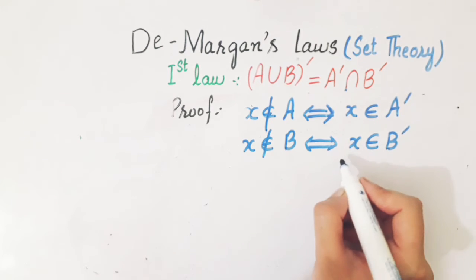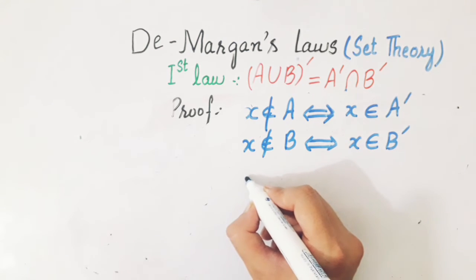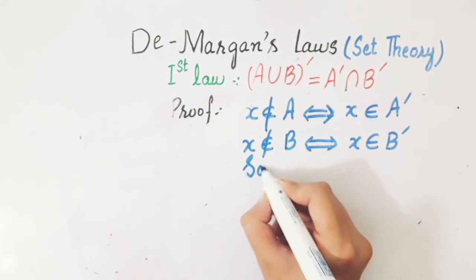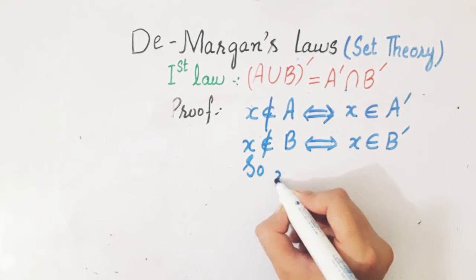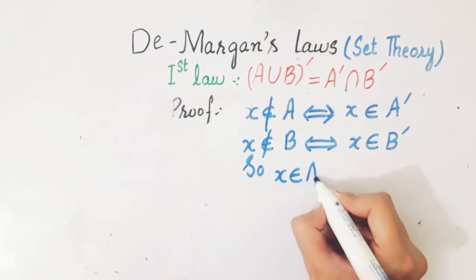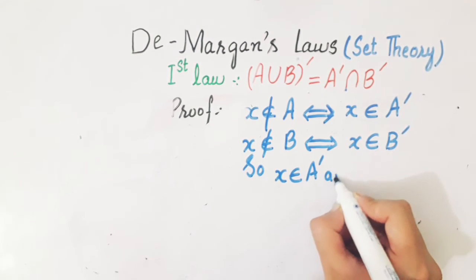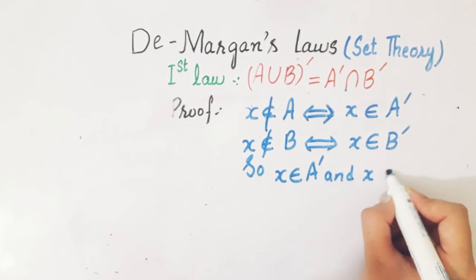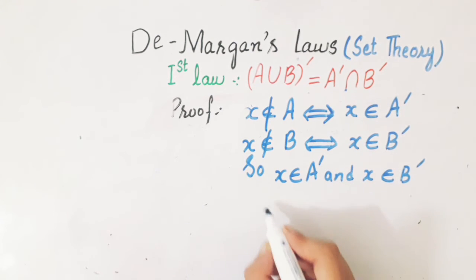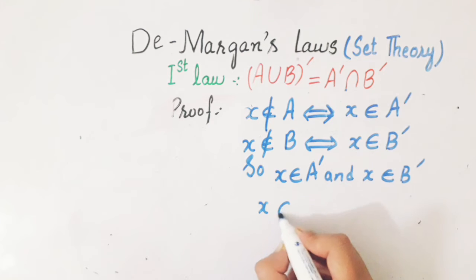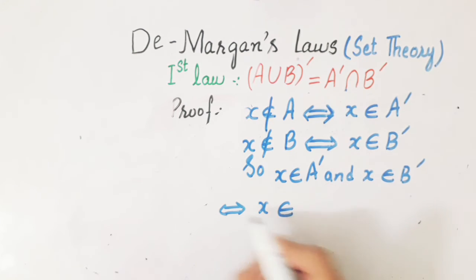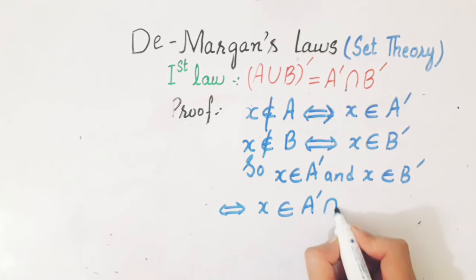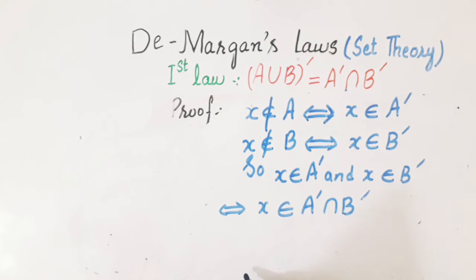If x belongs to both, it means x belongs to A complement and x belongs to B complement, which implies x belongs to A complement intersection B complement.